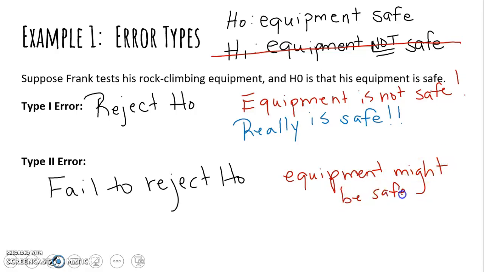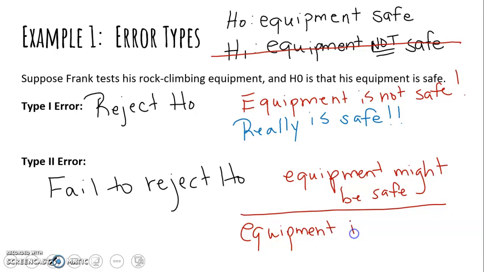That's what we're implying when we don't reject the null. We're saying we don't have enough evidence to say that the equipment is not safe. But as we said, this is an error, which means the equipment is really not safe, because we should have rejected the null, because this failing to reject is a mistake when it's a type 2 error.